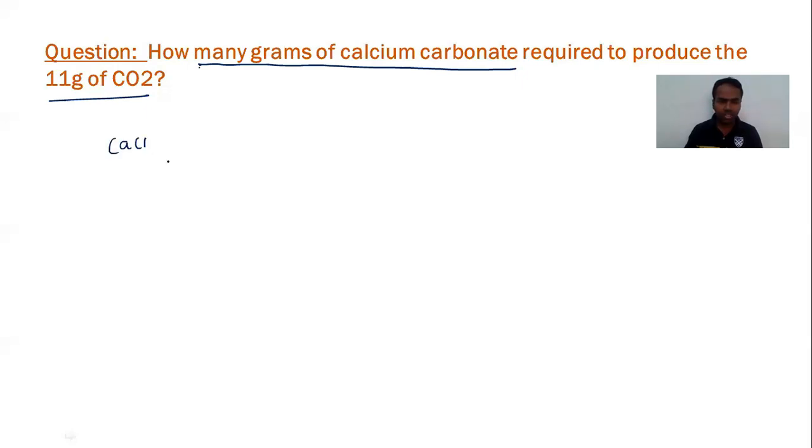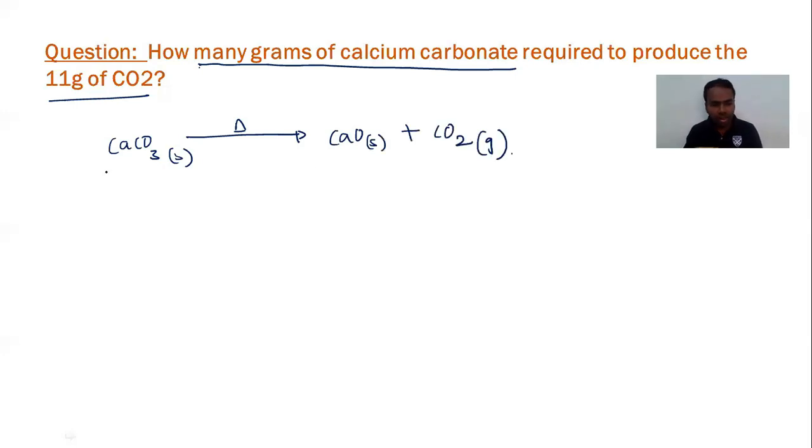Let us write the decomposition of CaCO3 chemical reaction. CaCO3 upon thermal decomposition, the delta indicates heat, forms CaO plus CO2 gas. Now, if you observe this chemical reaction, before applying stoichiometry, we need to balance this chemical reaction.